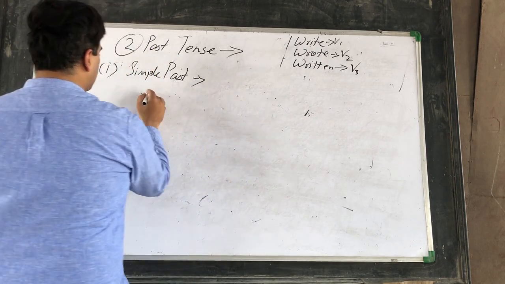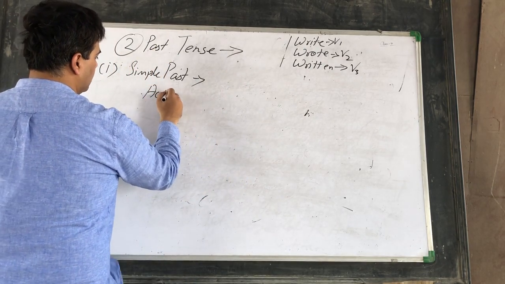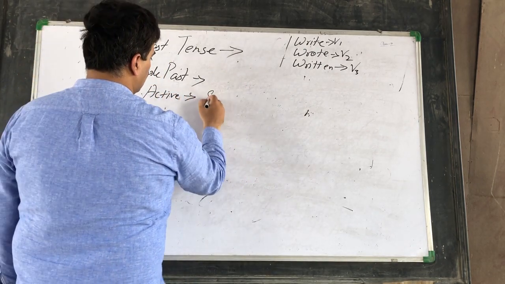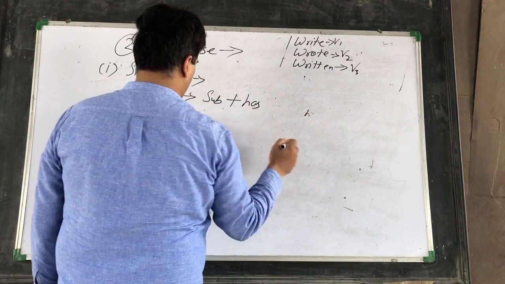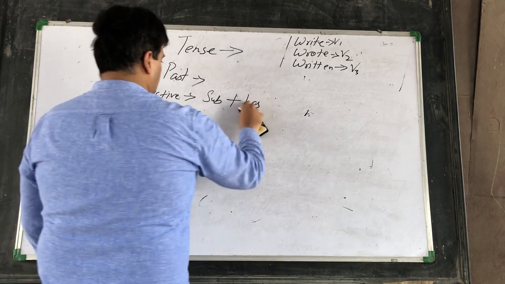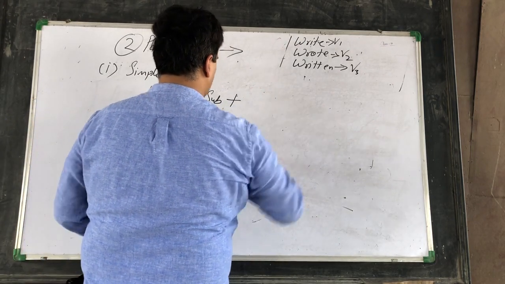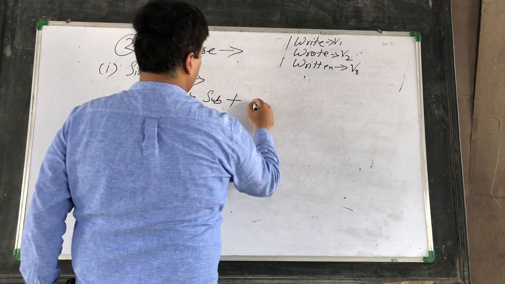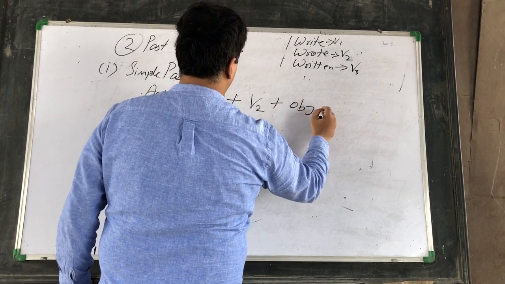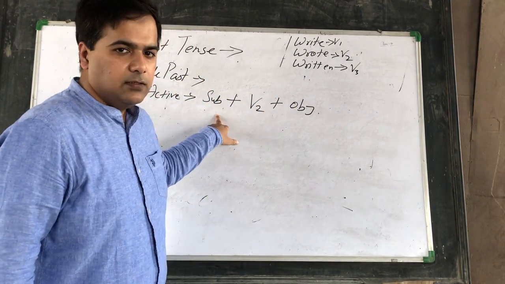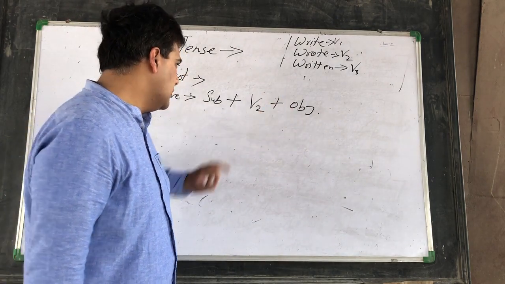So the structure here will be subject plus verb second form, then object.